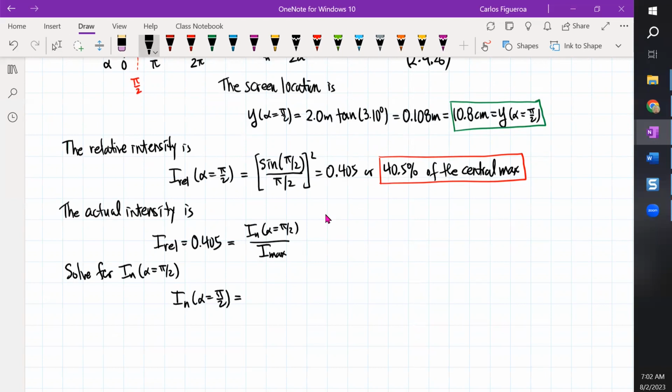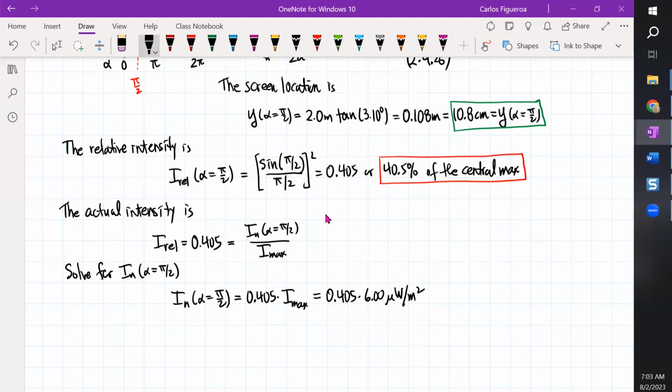The actual intensity given is 6 microwatts per meter squared. I should write this out. This should be 0.405 times I max, which will then be 0.405 times 6 microwatts per meter squared.